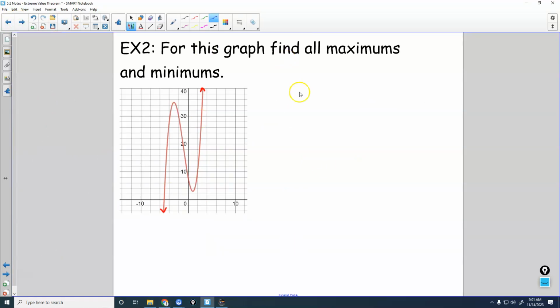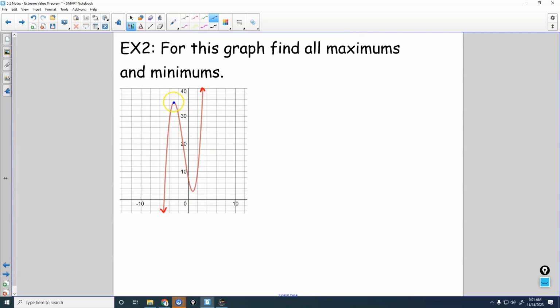So for this one, we're supposed to find all maximums and all minimums. The graph is a little, you have to estimate just a little bit. So do we have any absolutes on this graph? We do not have any absolutes. We have a relative maximum and a relative minimum.